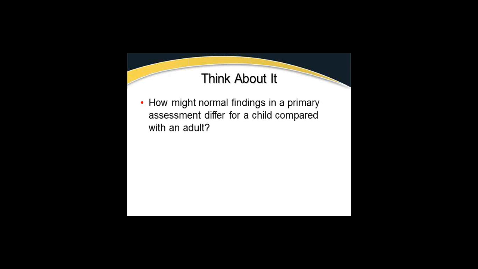It's very uncomfortable and unfamiliar. Whereas, in most cases, quiet children are sick children. An adult who's maybe not saying a whole lot may just simply be the way that they are. A heart rate of 120 in a child is not going to be terribly concerning, whereas in an adult, we're going to take a little more notice.